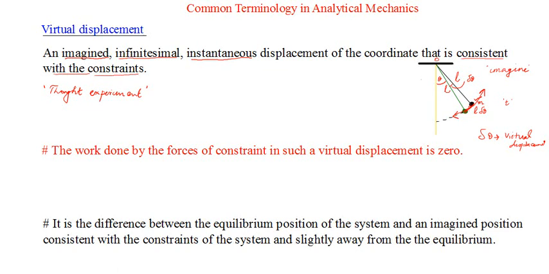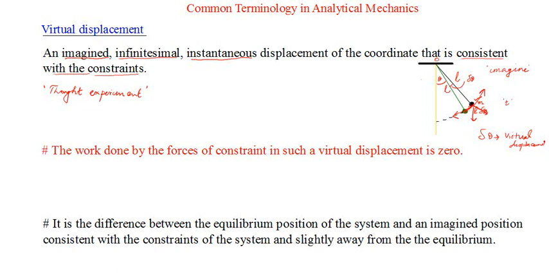Now imagine the bob moving along this direction, or along this direction. Can you move the bob along these two directions? Of course you can move it, but certainly it will affect the length of the string. In principle, the length of the string should remain constant, as it is an inextensible string.